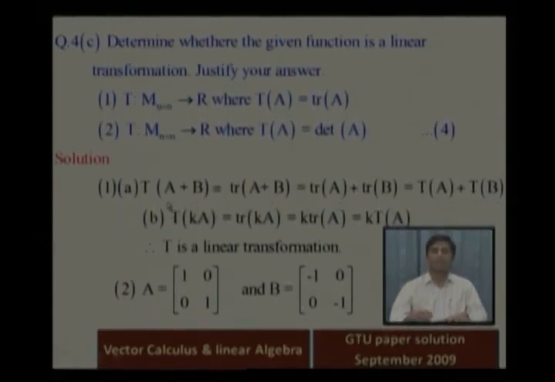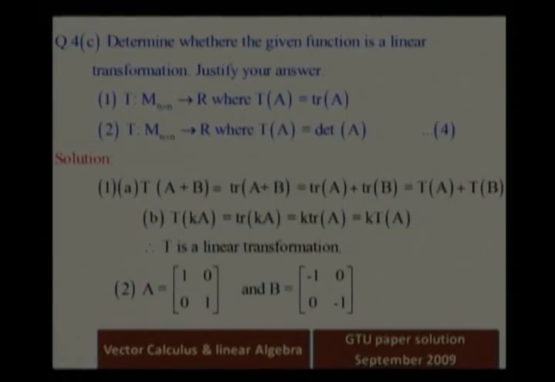So the first condition for linearity is satisfied. T of k into A is equal to trace of k into A, that is equal to k into trace of A, that is equal to k into T of A. Okay. So T is a linear transformation.